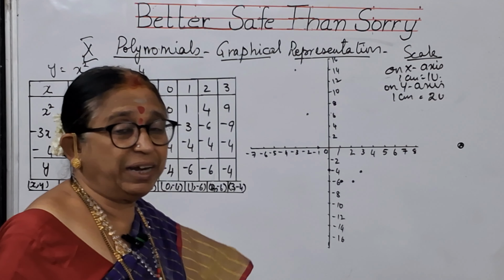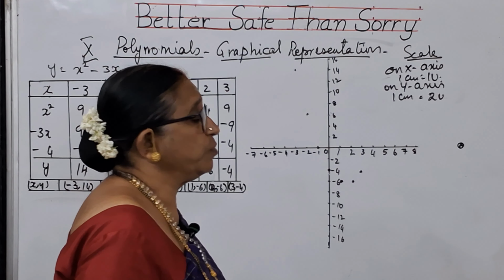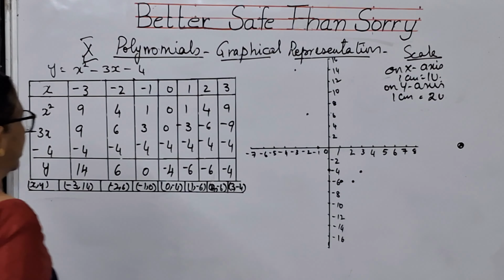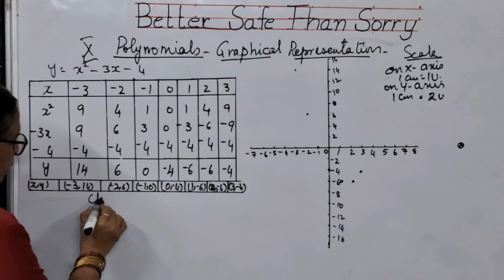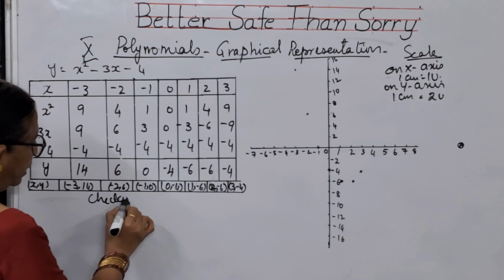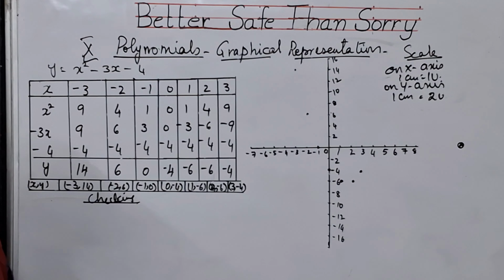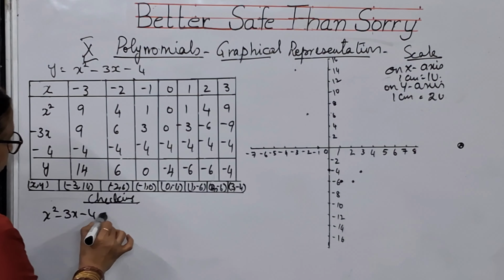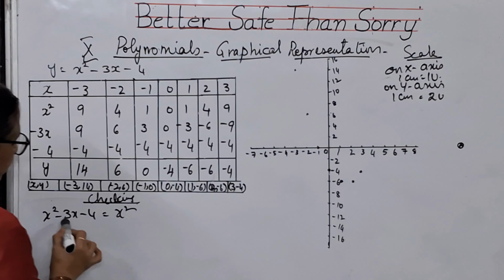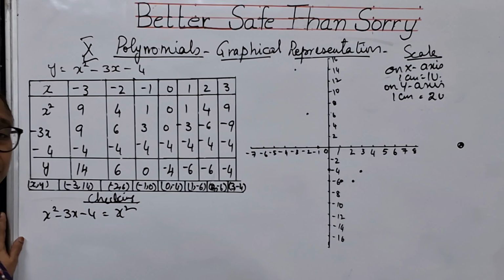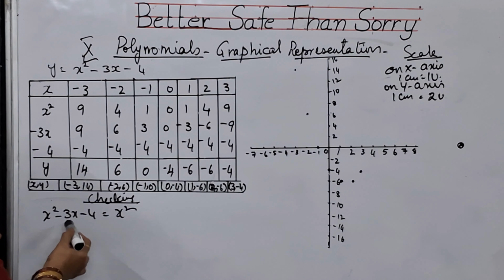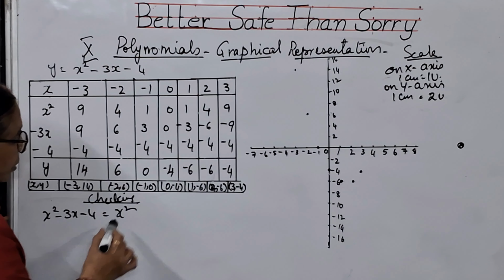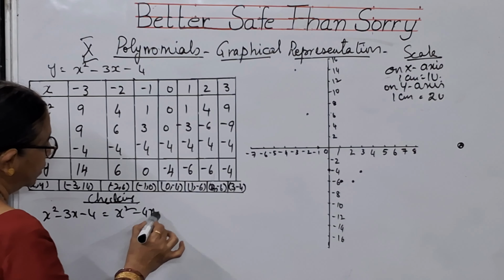So how can I extend it? This is possible only by going for checking, children. Earlier also I said, don't join the lines, go for checking. What is this, children? x square minus 3x minus 4 can be written by splitting the middle term, as we heard in 9th class. Minus 3x I want, that means minus 4x plus x.